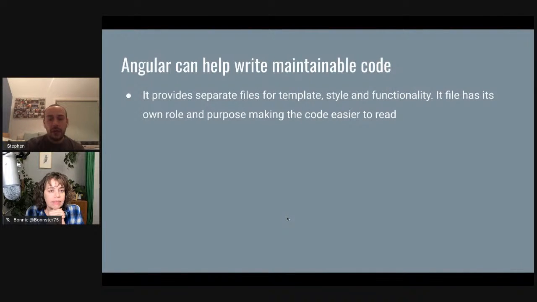I know one of the features of Angular is you can have your template and your component in the same file, but I personally prefer to have the template file separate from the component file and the CSS file. I think that makes it a lot cleaner and easier for new people to come along and read and find out what's happening in your project.